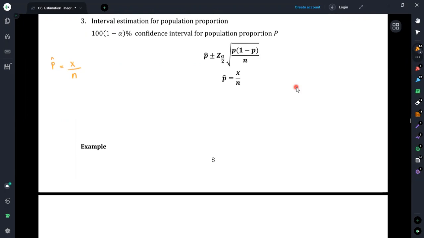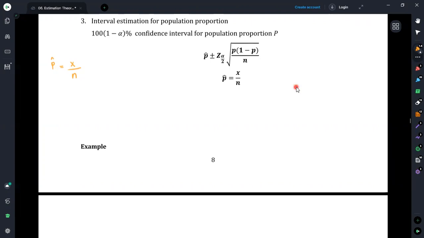Then suppose we need to take the 100 times 1 minus alpha percent confidence interval for the population proportion. This is what we are going to estimate, the interval for the population proportion.